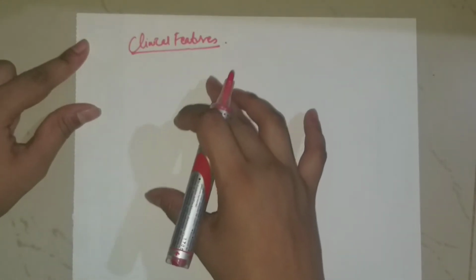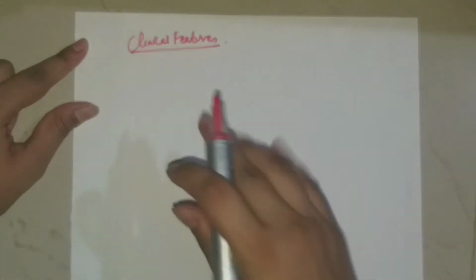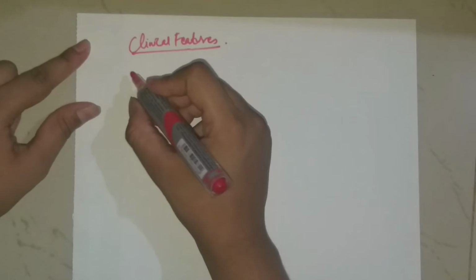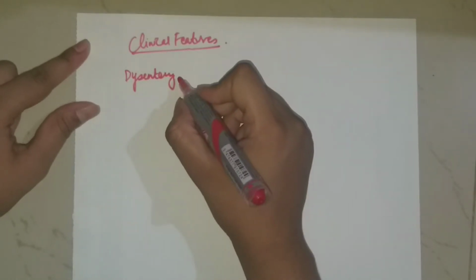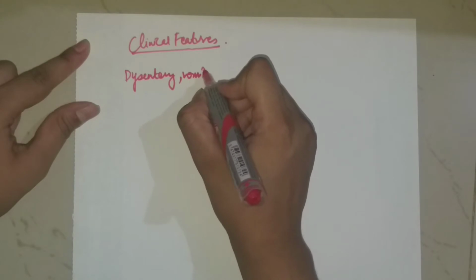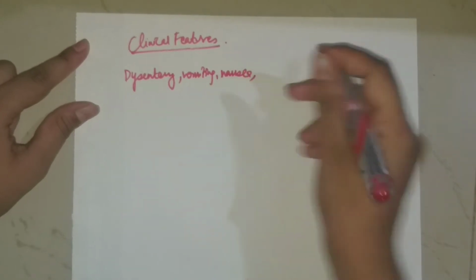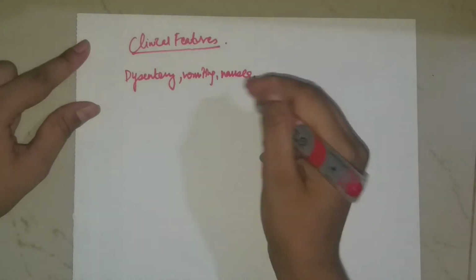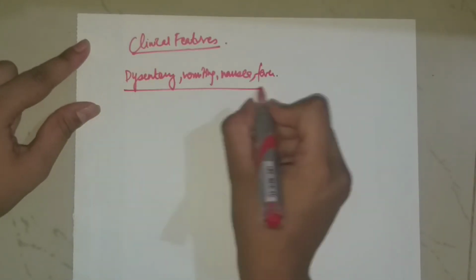The main features remain the same, but the beginning, how it begins, since in childhood HUS there's an infection. Usually there is, like I told you, dysentery or pneumonia, but dysentery with vomiting, nausea, any fever. So it begins like this.